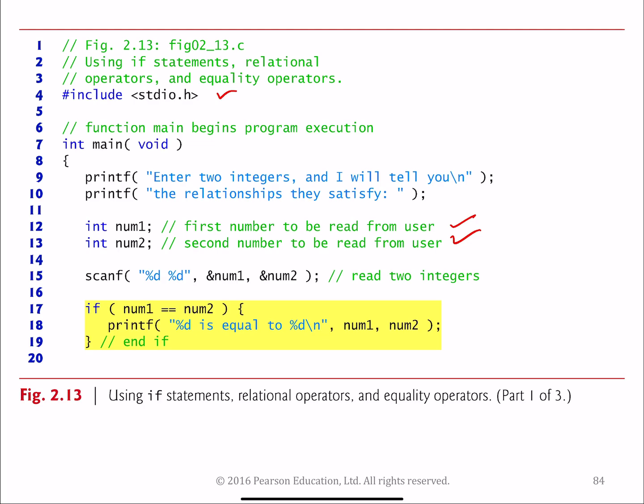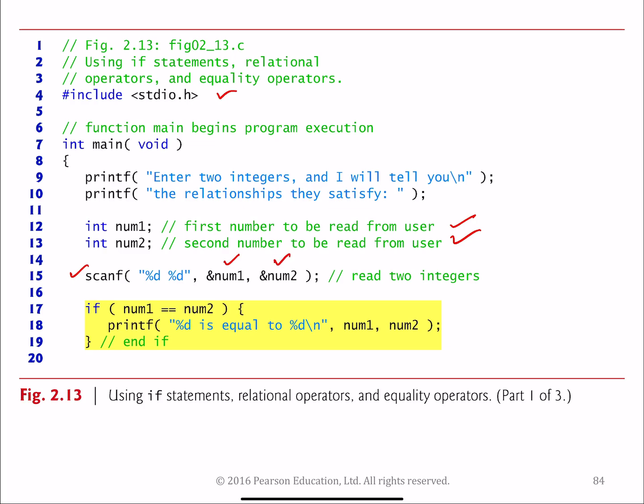Of course, we have to read in those two integers, and instead of prompting the user to enter one number and then the second number, we're going to save ourselves a little time and a few lines of code, and use a single scanf statement to read in both num1 and num2.